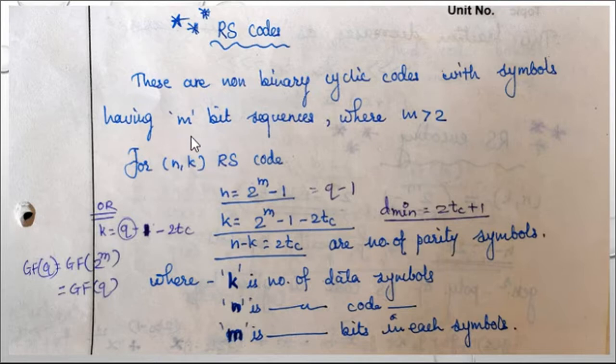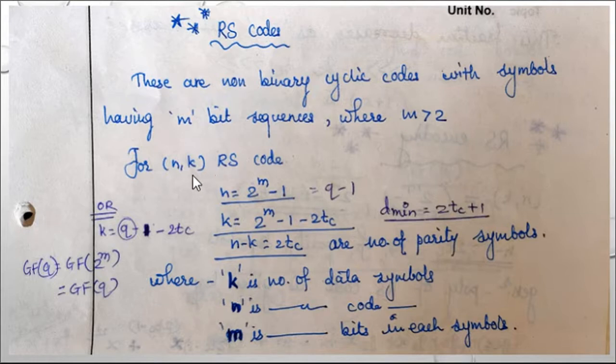And the very important thing is that of m-bit sequences, meaning each symbol from this RS code will have m-bit sequences. How to get these sequences, we will see. And importantly, the value of m, the number of bits in each symbol, will be greater than 2.